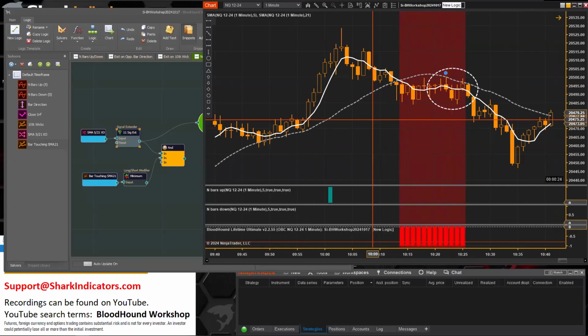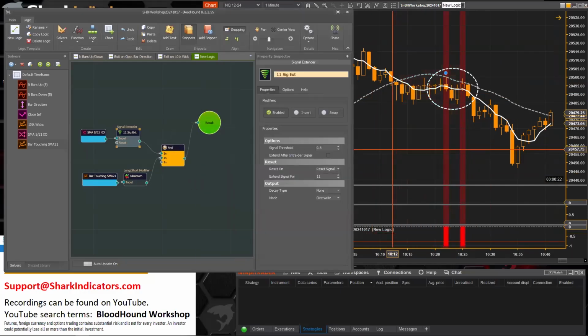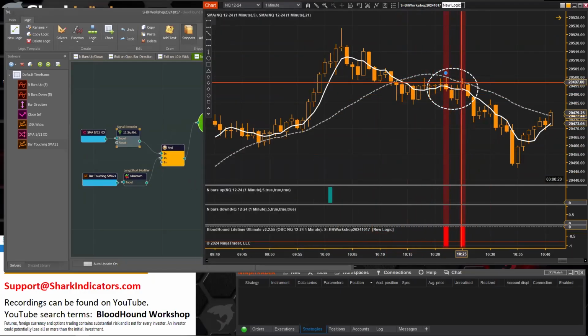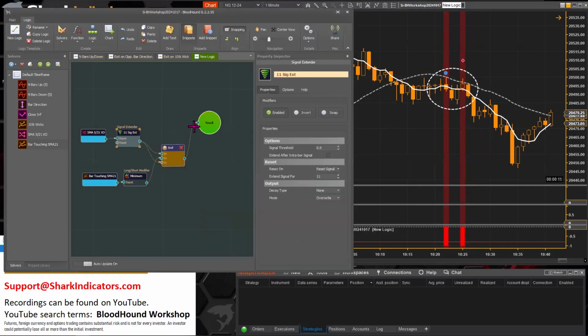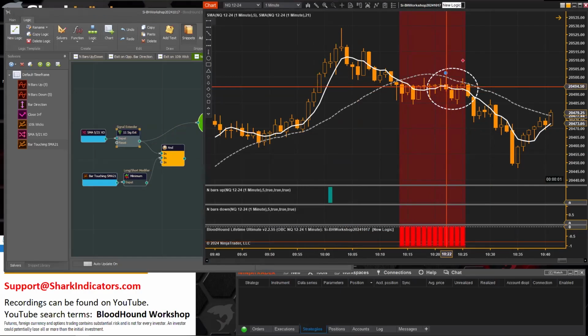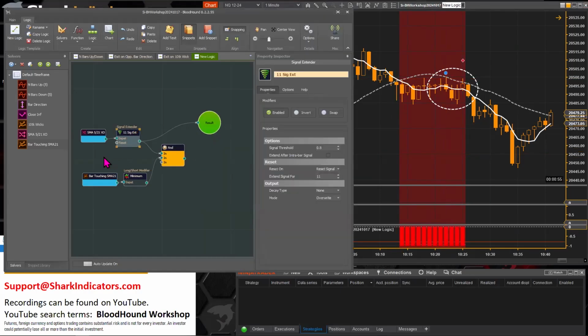And so to eliminate this second signal, the best way to do this is to turn off the signal extender after this bar touches. In other words, reset the signal extender.